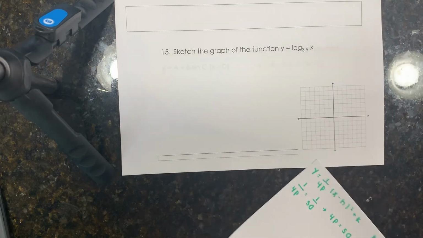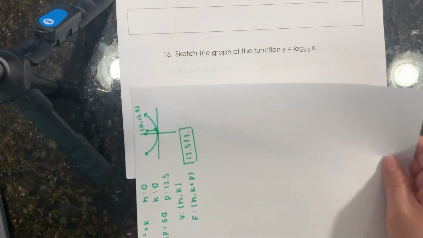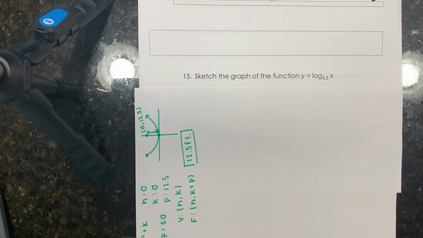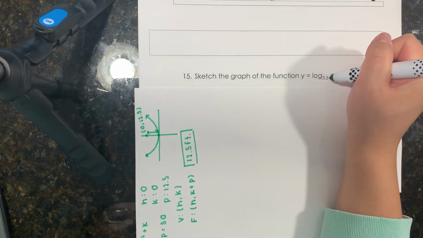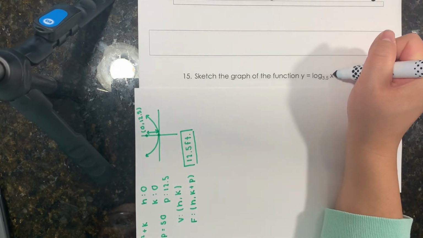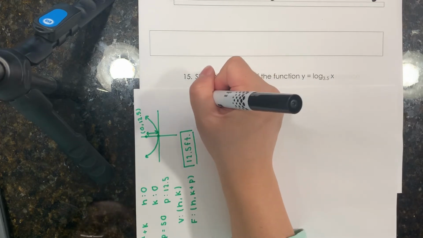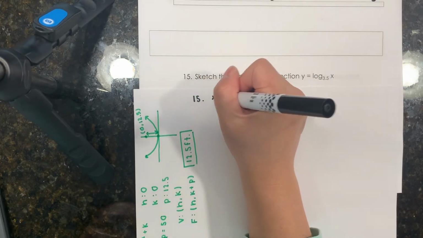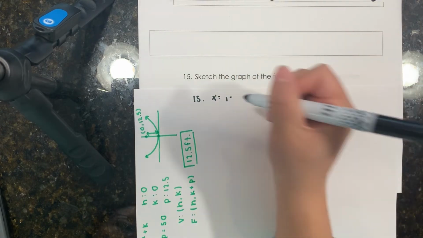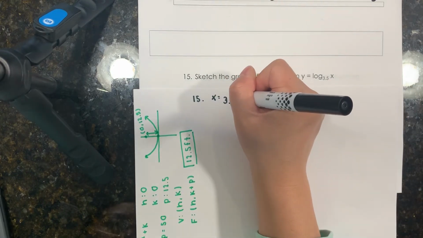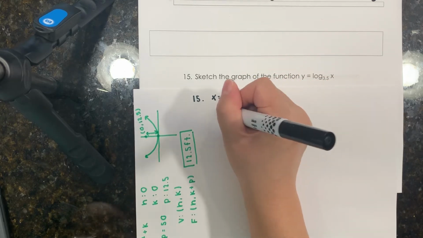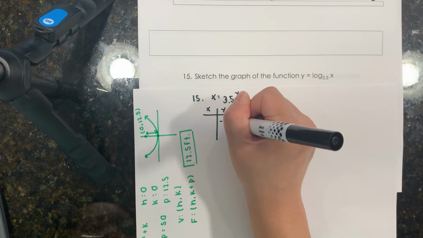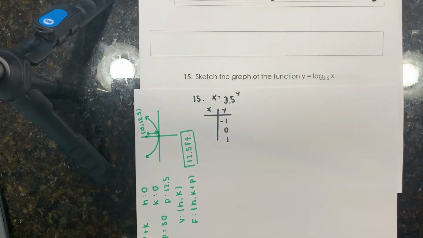Now for number 15, I'm going to sketch this graph. I'm going to start by just flipping this around. So I'm going to change the y to the exponent. The 3.5 is going to be your base, and then x is going to be your number. So for number 15, I have x is equal to 3.5 to the power of y. When I plug in my y values, I'm going to plug in -1, 0, and 1.